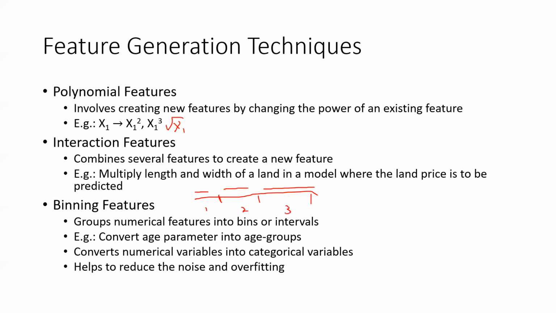Instead of having a continuous value, which can have infinite number of values, once you replace it with the categorical variable, you lose a lot of information, mostly the noise information. So that can reduce the overfitting, right?